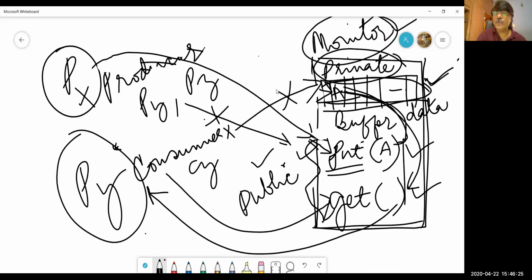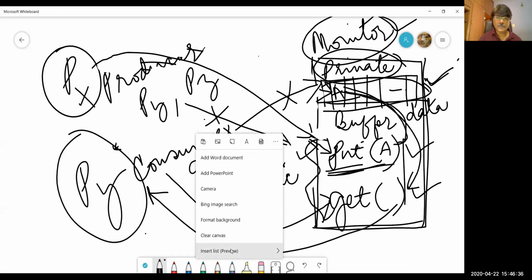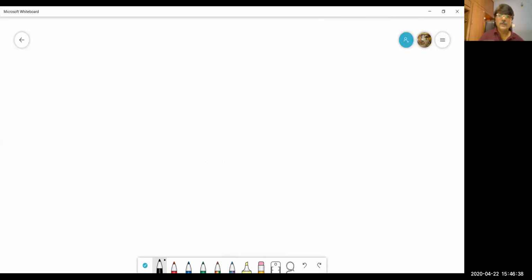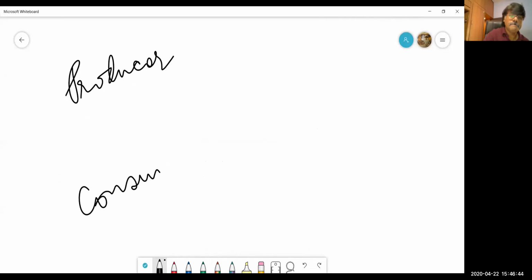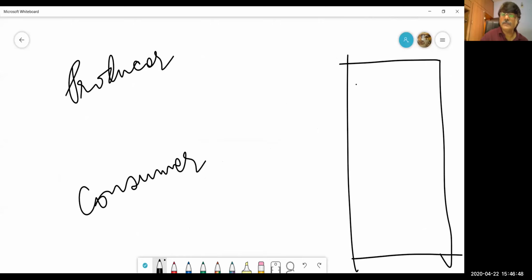It has to put the information in the buffer only through the function called put. So two things are happening here: allowing only one producer or consumer at a time, and access to the buffer, which is inside the monitor, only through these functions.